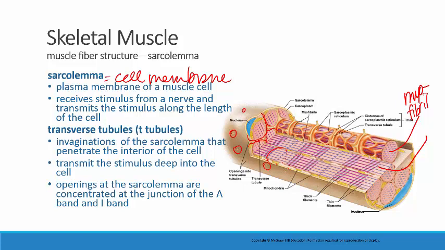Here's another one. So each of these T-tubules reaches into the muscle fiber and wraps around each individual myofibril. These openings are concentrated at the junctions between the A bands and I bands, or at the points where A bands and I bands tend to be found together. We'll make some sense of that in just a minute. So T-tubules are just infoldings of the sarcolemma.